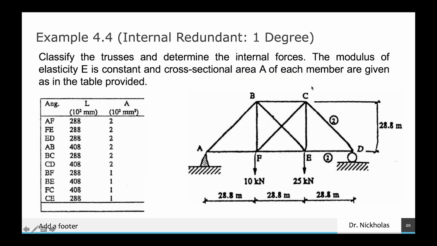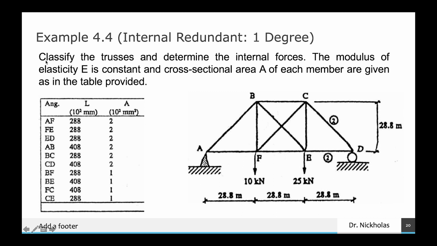We now take a look at an example of a truss having internal redundancy, meaning the truss is an internally indeterminate truss. The question asks us to classify the truss and determine the internal force.